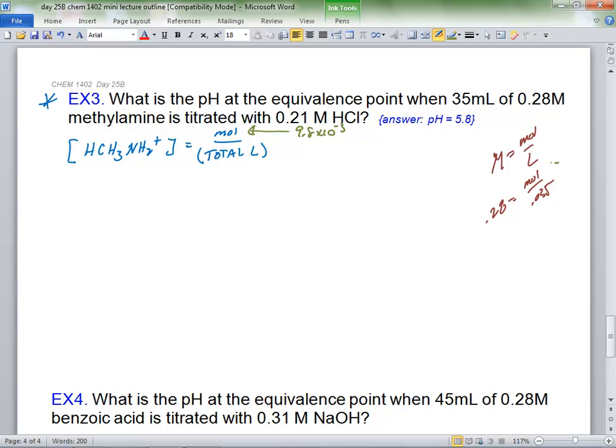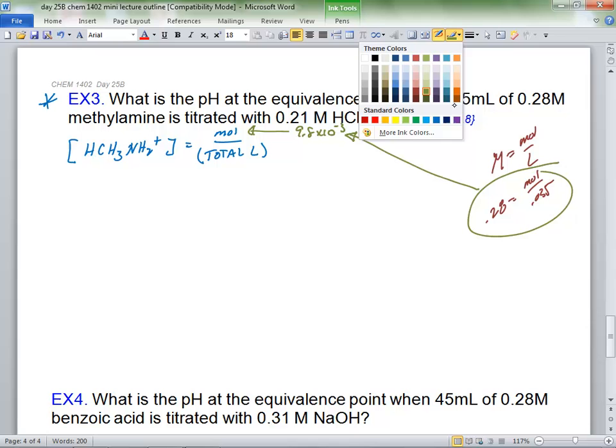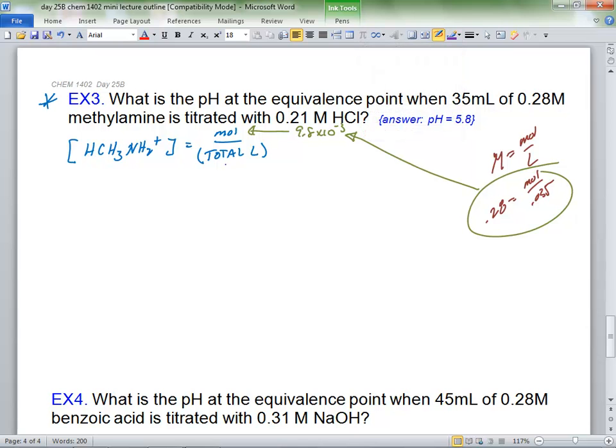And then to get that total liters, what would that be? 0.035 plus the equivalence point.